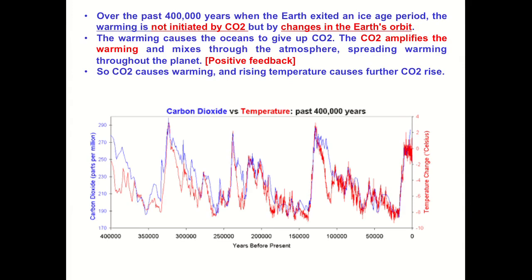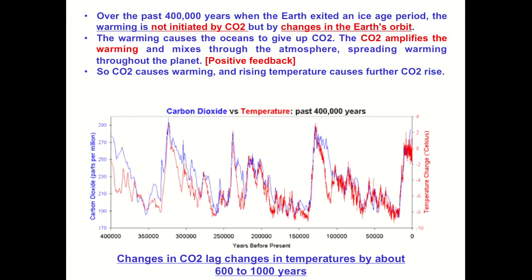So CO2 will eventually cause warming and maintain and reinforce that warming, and then the rising temperatures will cause even further CO2 to be released. Now, if you look very carefully at this figure, which is based on ice core data, it shows the carbon dioxide concentrations as a function of time.